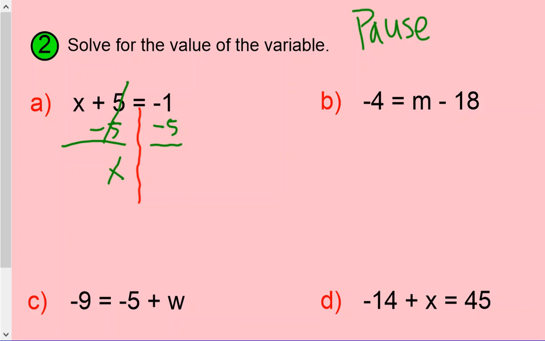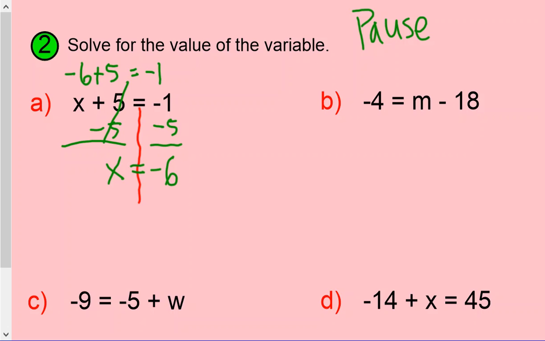And we have x equals negative 1 minus 5, or negative 1 plus negative 5 would give us negative 6. If we plug that back in in our equation, we have negative 6 plus 5 equals negative 1. And negative 6 plus 5 would equal negative 1. So x is equal to negative 6.